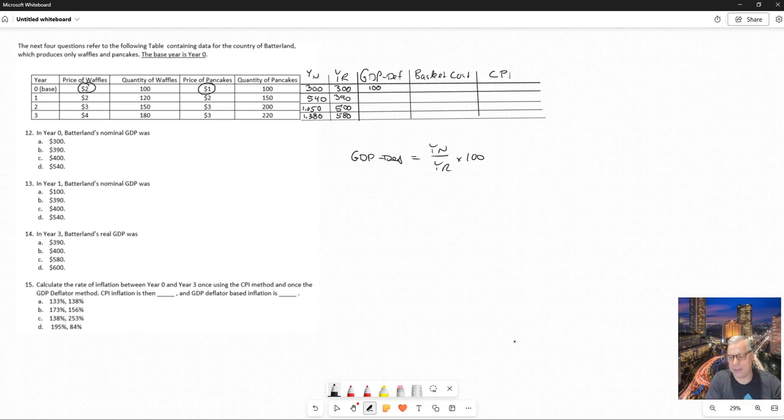Now I need my calculator: 540 divided by 390 times 100. If I round that, it is 138.46.